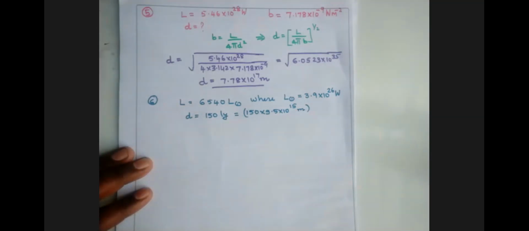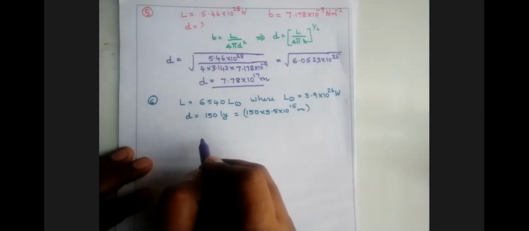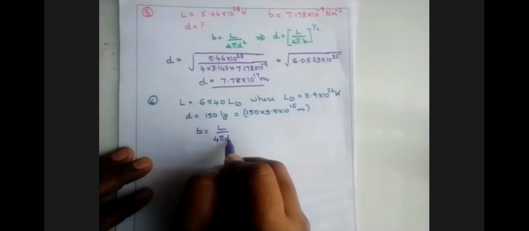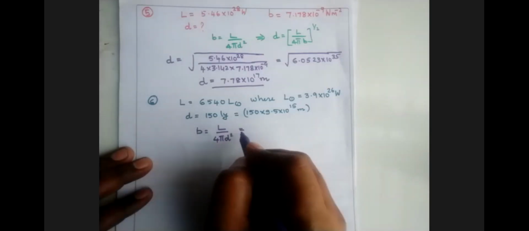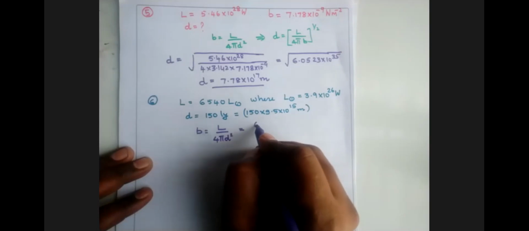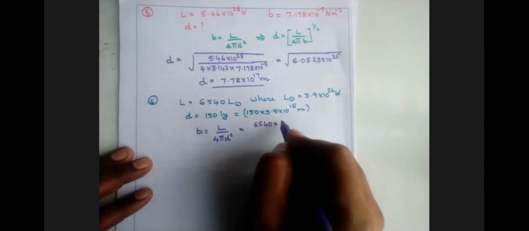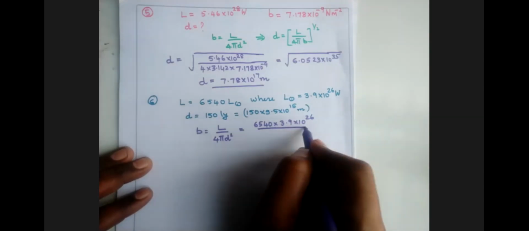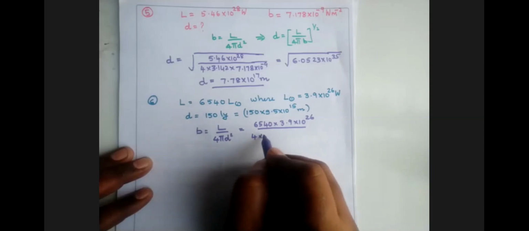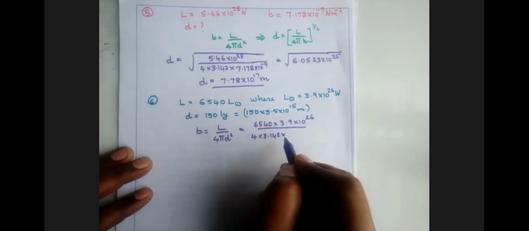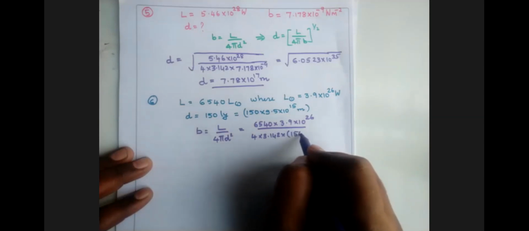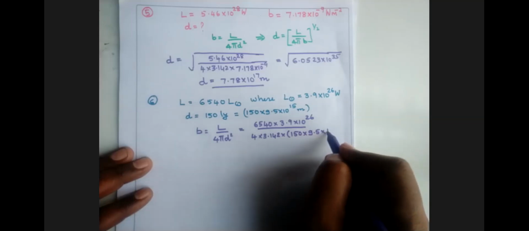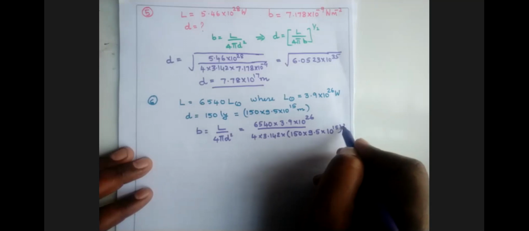So the expression for brightness of the star is B is equal to L divided by 4 pi d square. Substitute the values. Luminosity is 6540 into L naught, 3.9 into 10 to the power of 26, divided by 4 into 3.142 into 150 light years, that is equal to 150 into 9.5 into 10 to the power of 15 meters square of distance.